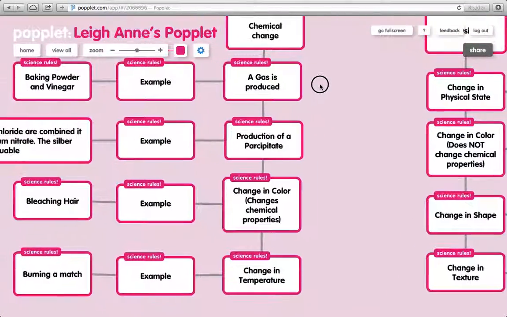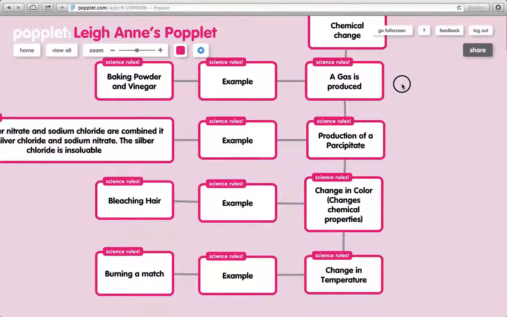I listed some chemical changes, such as a gas is produced, production of a precipitate, which is basically a solid falling out. So you have liquid and then a solid forms and falls to the bottom of the beaker or test tube that you're using. My third chemical change is change in color.